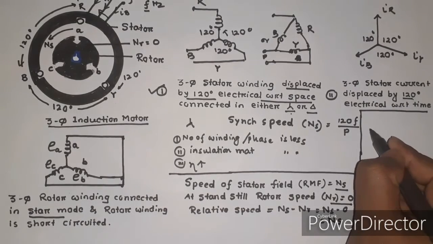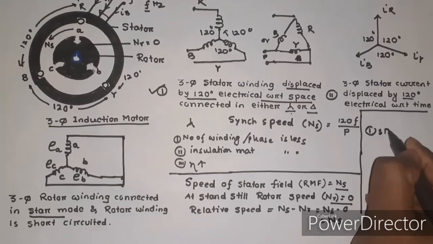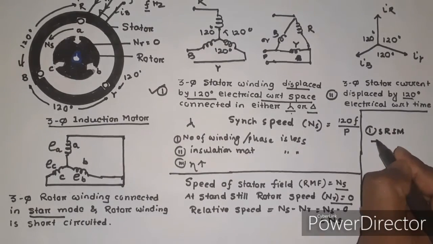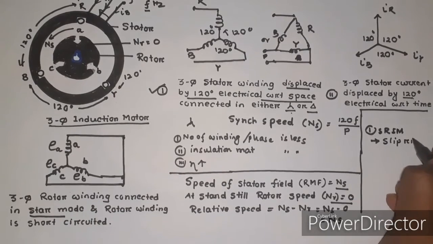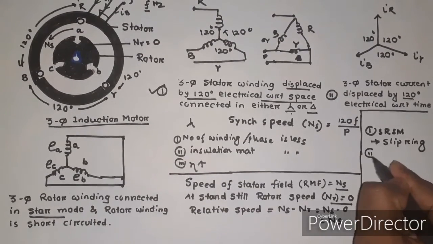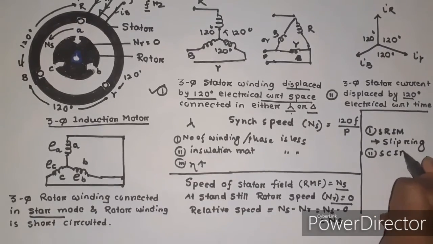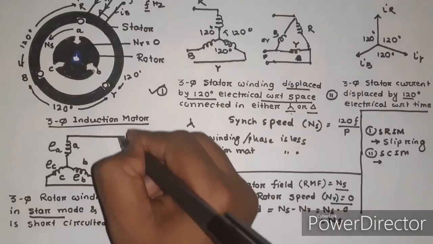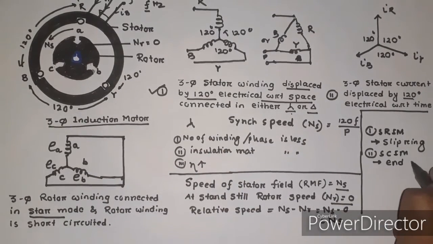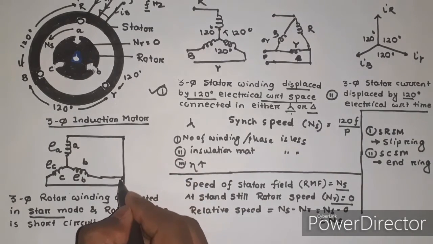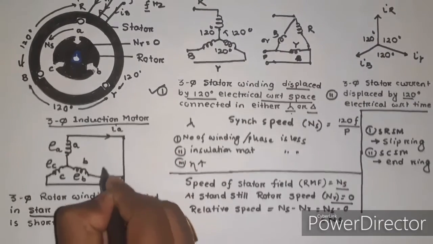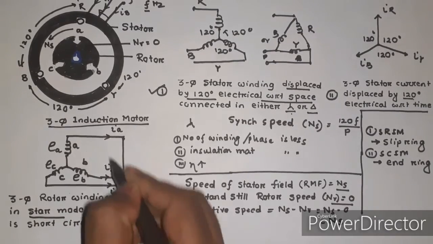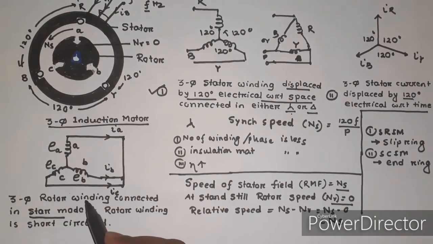For the time being, just remember that for the slip ring induction motor, the rotor winding is short circuited through slip rings, and for the squirrel cage induction motor, the rotor winding is short circuited by end rings.